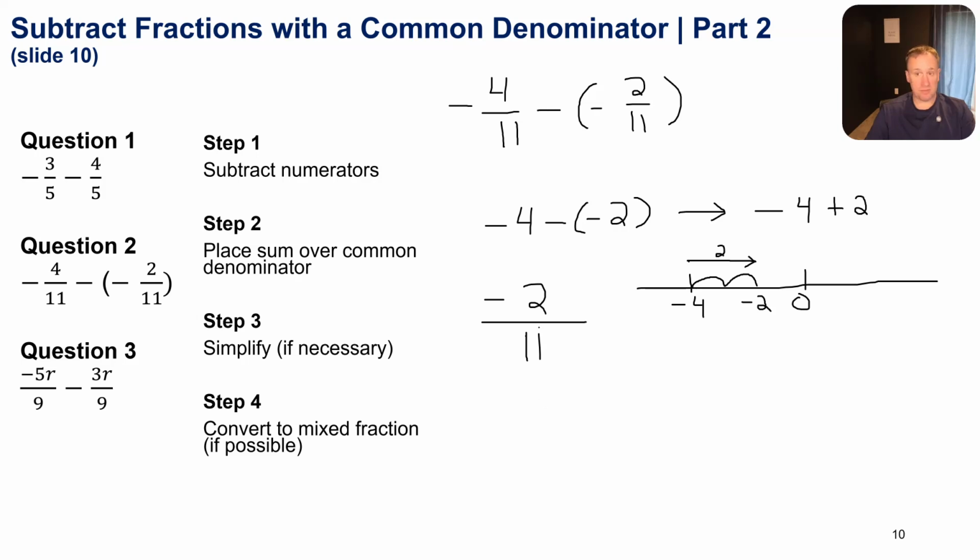I can't simplify 2 and 11. 2 and 11 are both prime numbers. The only factors are themselves and 1. It's also not an improper fraction, it is a proper fraction, so I can't convert it to a mixed fraction. So negative 2 over 11 stays like that.